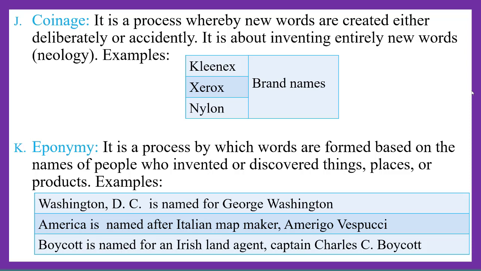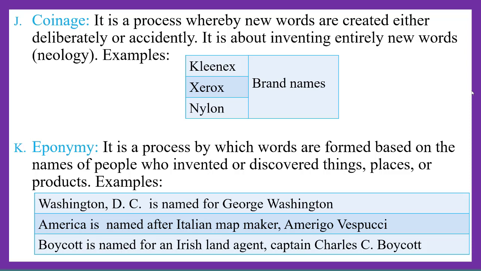Then we have eponymy. Eponymy is a process by which words are formed based on the names of people who invented or discovered things, places, or products. So Washington DC is named for George Washington.